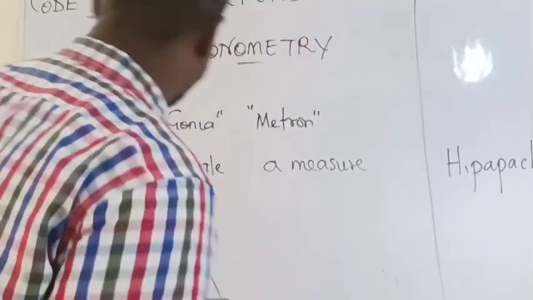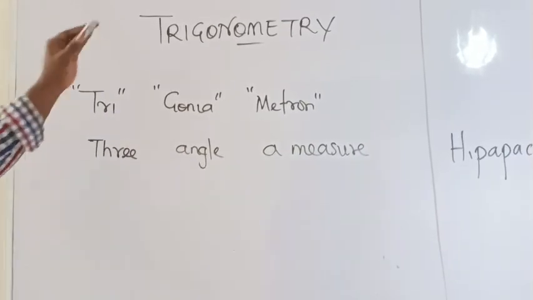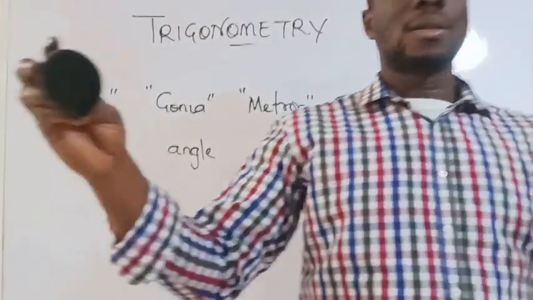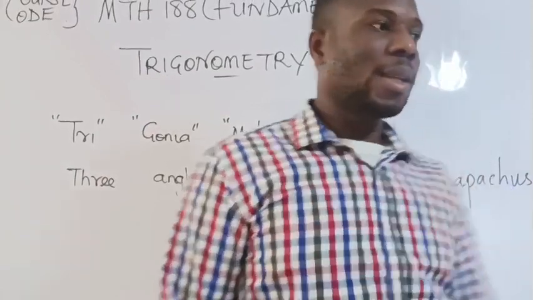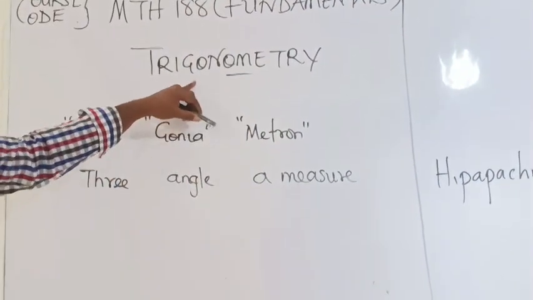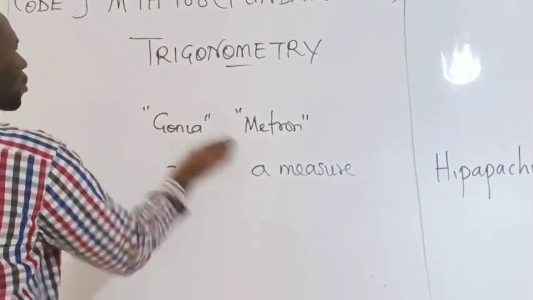Alright, so let's move on now. So having talked about the fact that a triangle is a 3-sided polygon, that's a triangle. That's what this branch of mathematics, trigonometry, is all about.